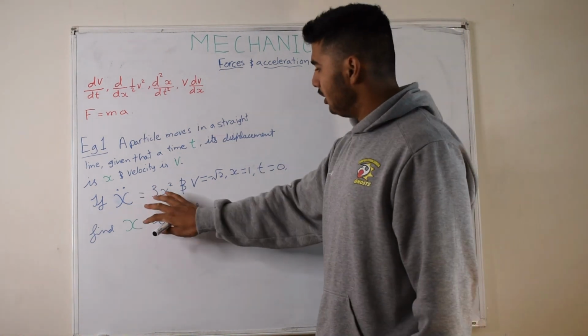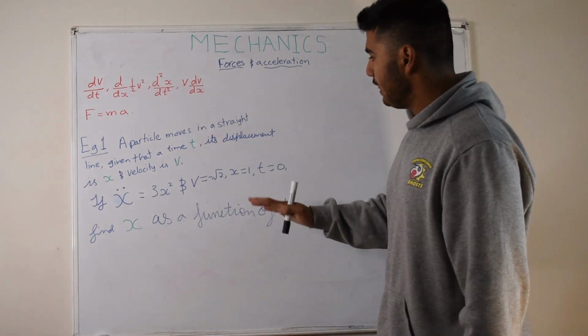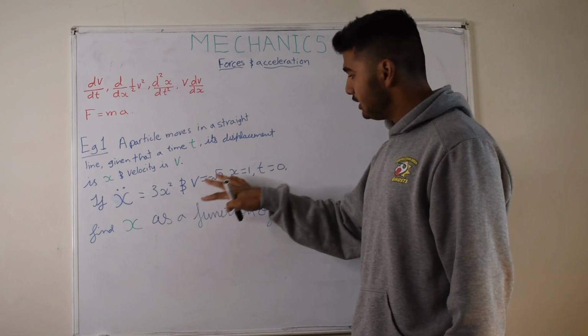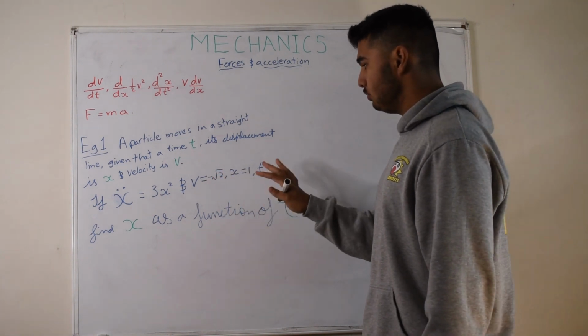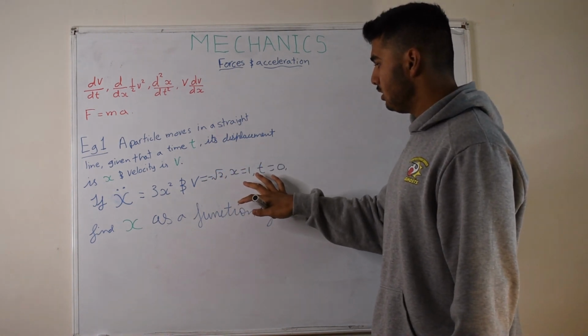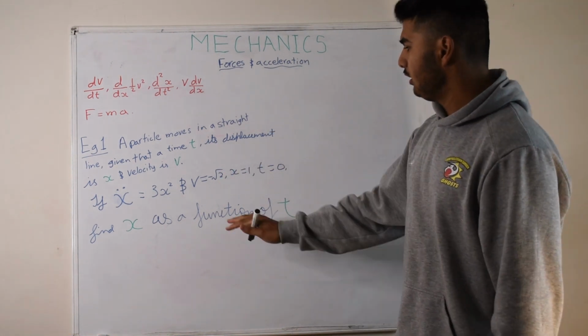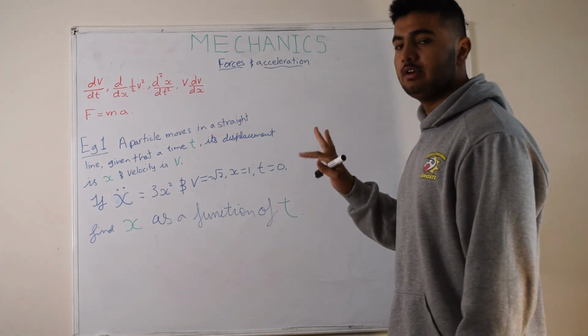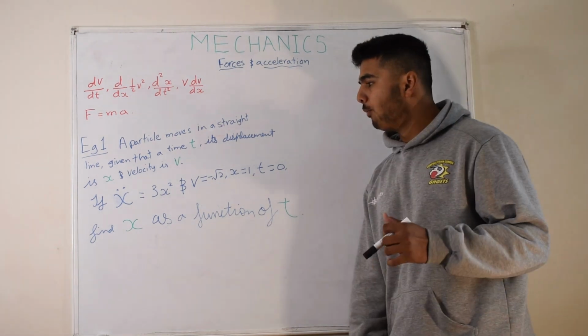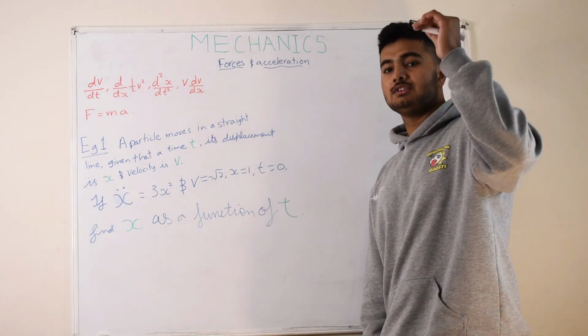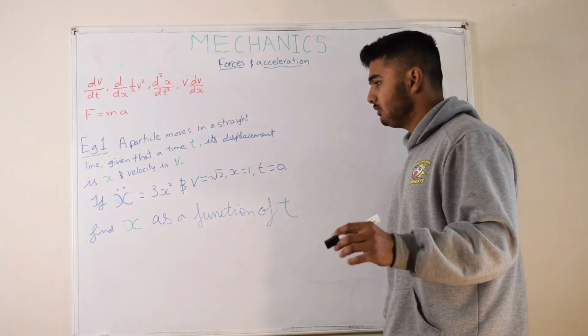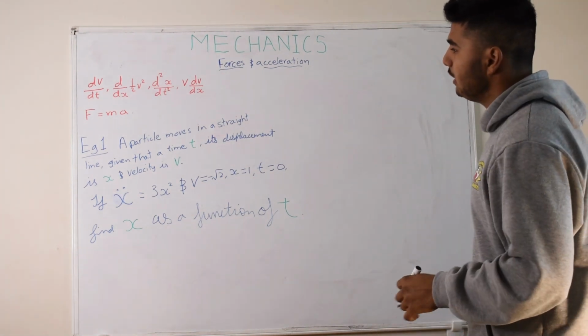So if x double dot equals 3x squared, and v, the velocity, equals negative square root of 2 when x equals 1, and when x equals 1, t equals 0. Find x as a function of t. As we can see, we're making our way up instead of coming down from displacement to acceleration. We've gone acceleration to displacement.